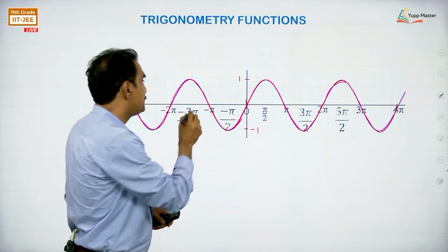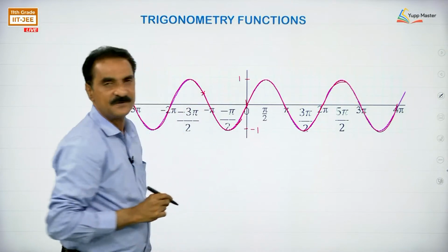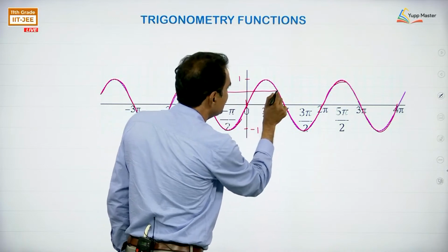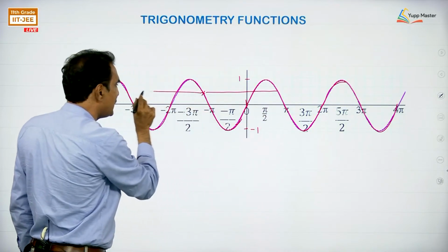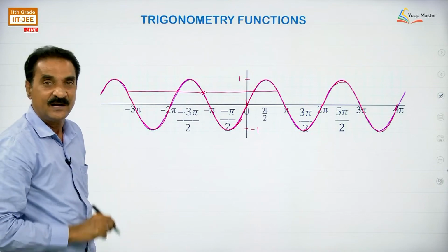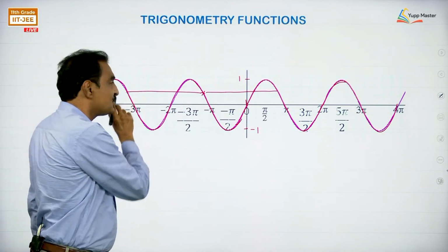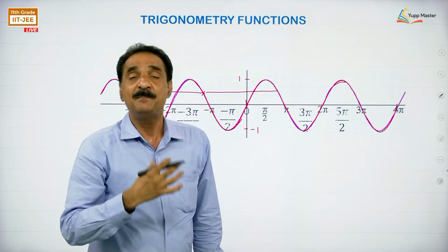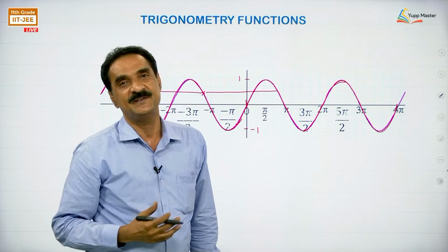Not only that, you take any point on the graph of sin x, if you move 2 pi units towards right or 2 pi units towards left, you are getting an identical point. So, the behavior of sin x repeats for every 2 pi radians.